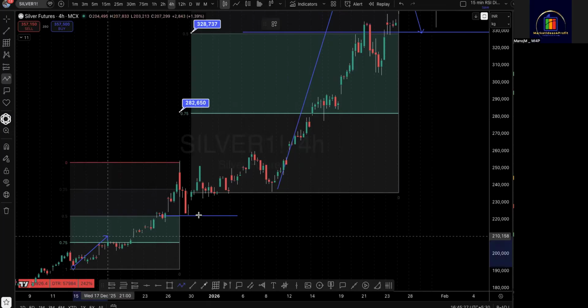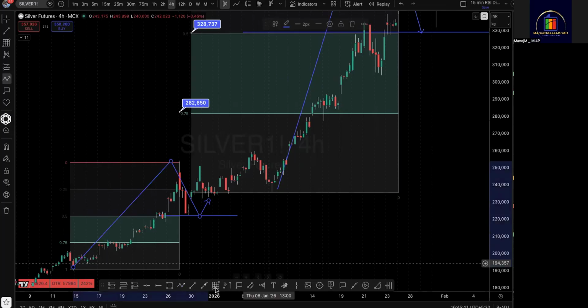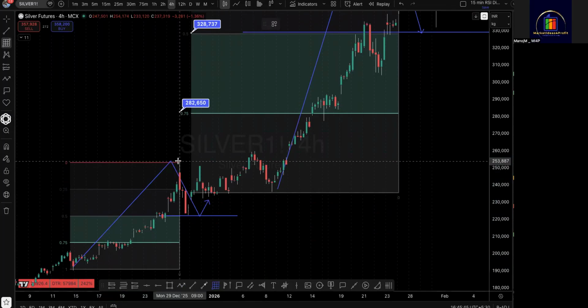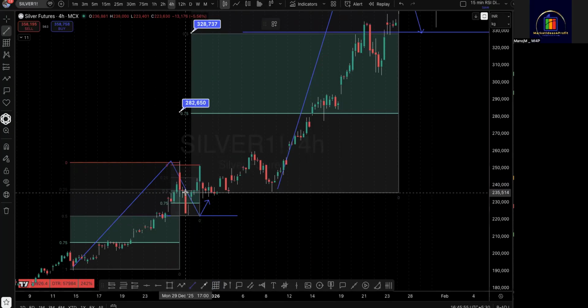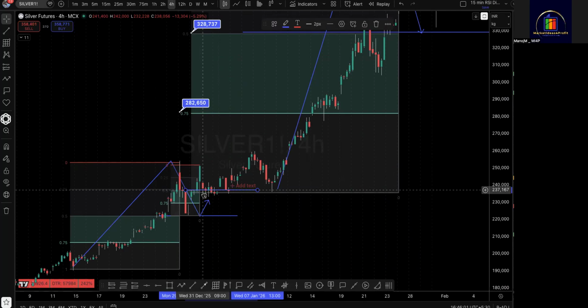Now, let's divide this again. Let's take this particular swing high and this particular swing low. Now here, where is the 50%? The 50% is here, in fact a little higher. This is where the 50% is.